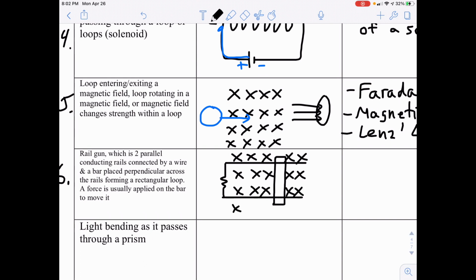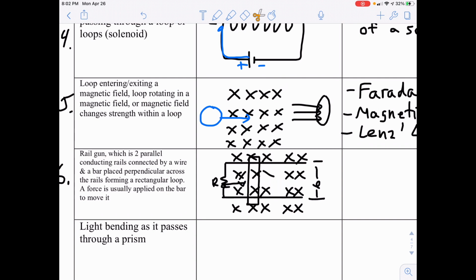Now, what you typically see in problems like this is the rail itself, and this is the distance L across. The rail itself is usually forced in some direction, either towards the resistor or away from it.